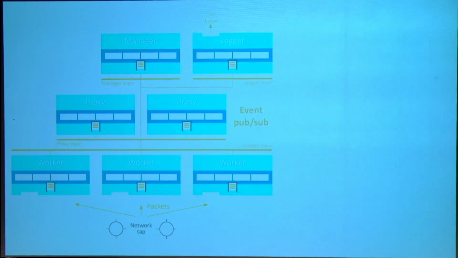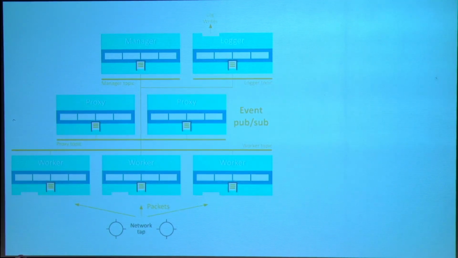And the key part is at the bottom, you have a network tap or a network card that understands how to divide traffic up into queues. And then each of those workers sits on one of those queues and does traffic analysis. And then we use event-based PubSub for Zeek events to communicate the rest of that stuff across this cluster, so that the analysis happens as needed.